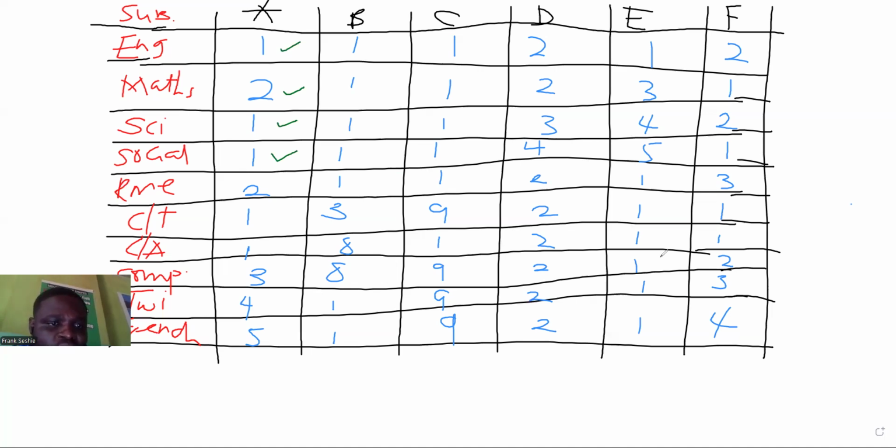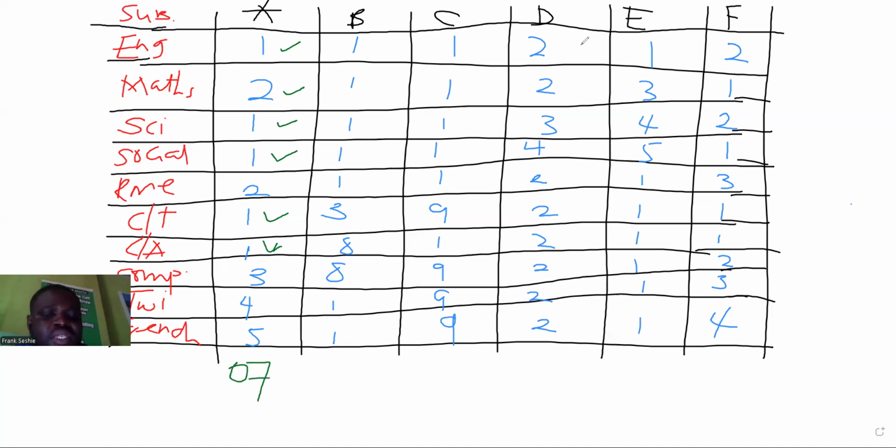From RME to French, the best are Career Tech and Creative Arts, so we select their grades 1 and 1 and sum them up to have 2. Then the 4 core, 5, plus the 2 gives us 7. So candidate A's aggregate score is 07.